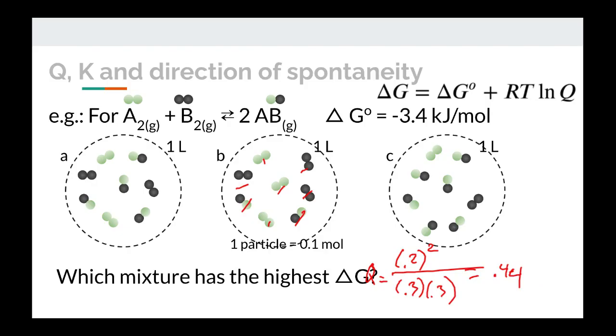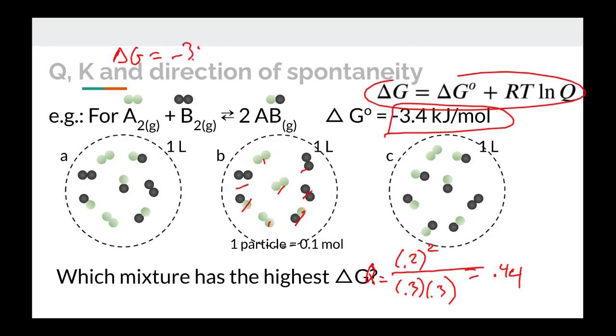So what is delta G? Well, using this formulation here, delta G is delta G naught, which is given to us here, minus 3.4 kilojoules per mole, plus R, let's put this in kilojoules, 0.008314 kilojoules per mole Kelvin, times temperature.